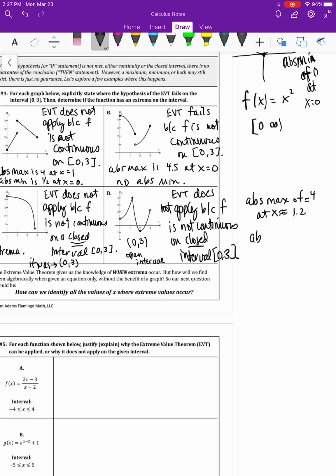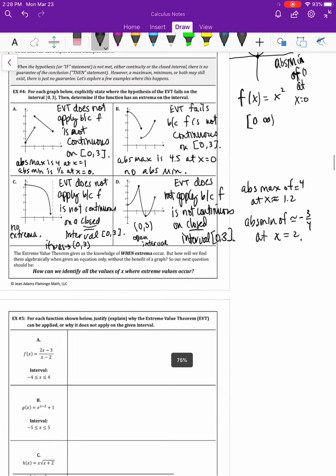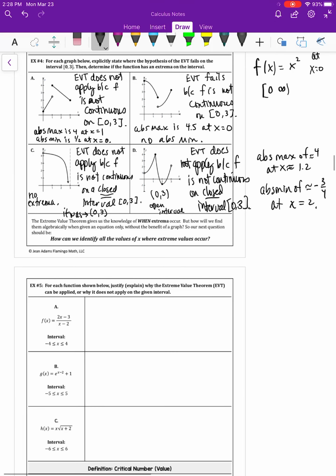I can put a little approximately there, and an absolute min of about -3/4 at x equals 2. That does look like 2, pretty good, but it's about -3/4, or maybe you could say -1. Okay, that's fine. You're doing approximation, so it's not like you can be wrong.